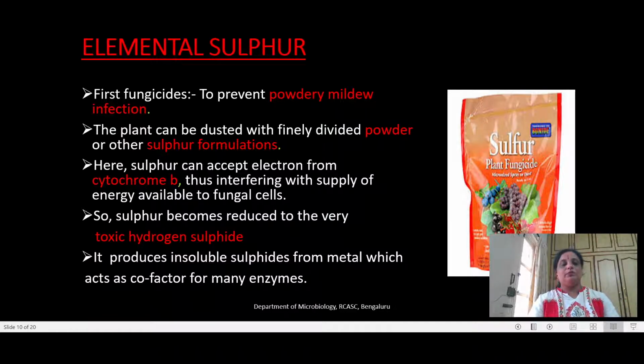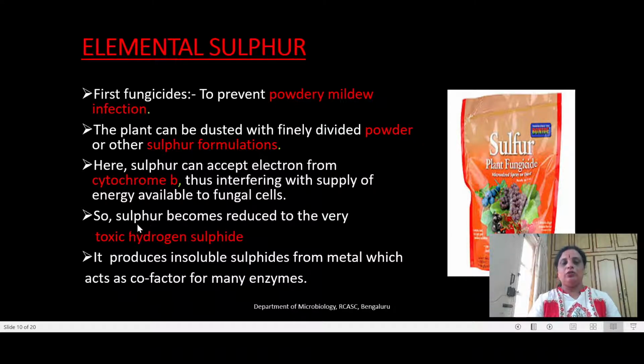The electron transport system takes place there, where ATP generation happens. Here, once the sulfur has been dusted, it enters into the cell and into the mitochondria, where it accepts electrons from the cytochrome, interfering with the supply of energy available to the fungal cells.